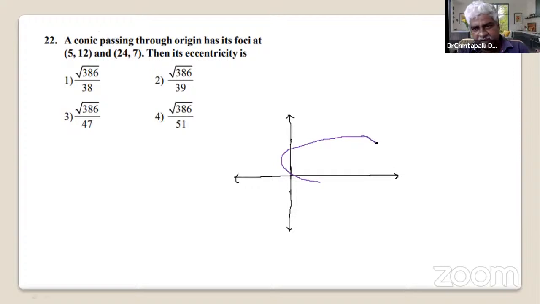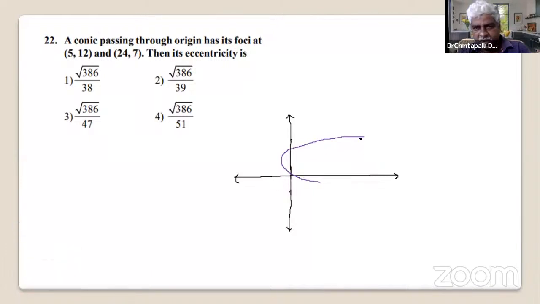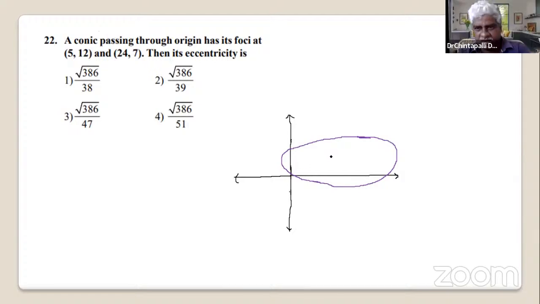See, this origin is not the center. It's just passing through it. A conic is passing through origin. Got it? See, it is not perfect. Okay, adjust it.